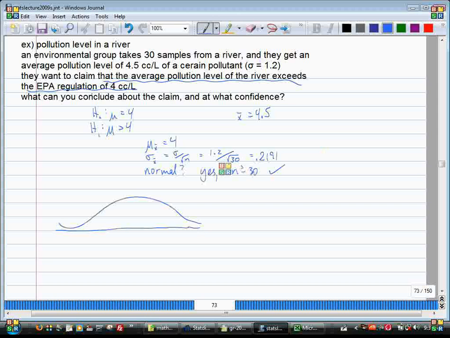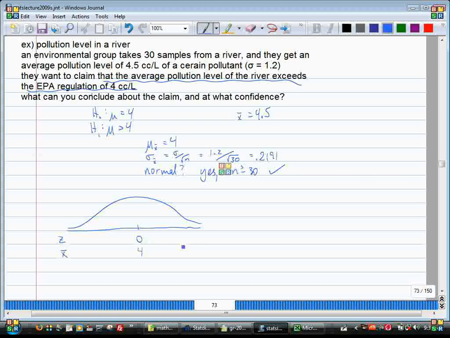Now what do we label on the picture? What gets labeled on the picture? 0 in the middle for the Z-scores. And what else? We've got x bar values, and what goes in the middle for x bar? 4. And what else should I mark down? 4.5.